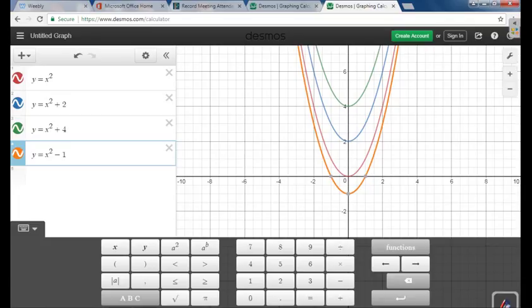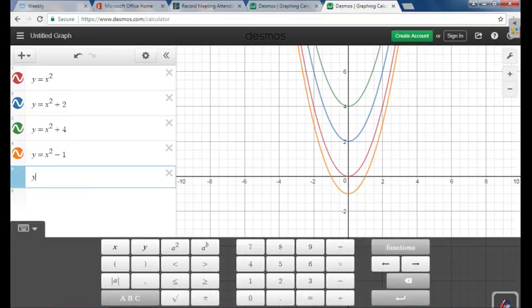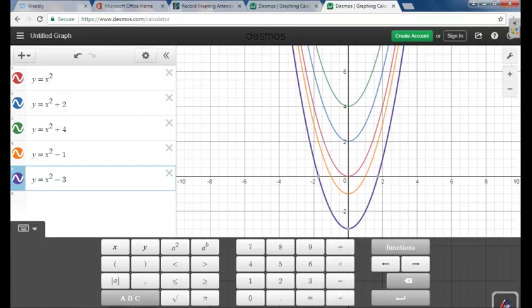It's still opening up because my a value is 1. The only difference is the vertex is (0, -1). And the next one would be y equals what? x squared minus 3. So you see that your vertex is at (0, -3).